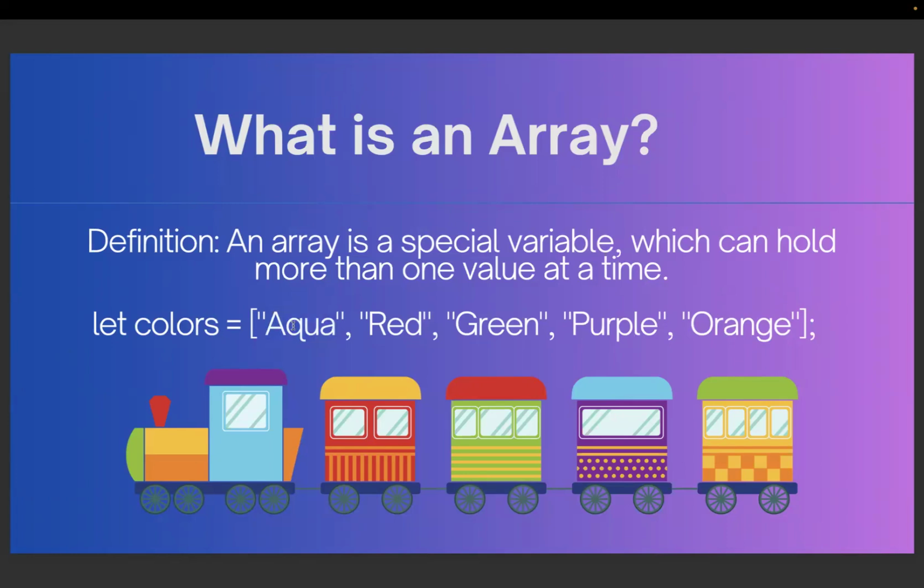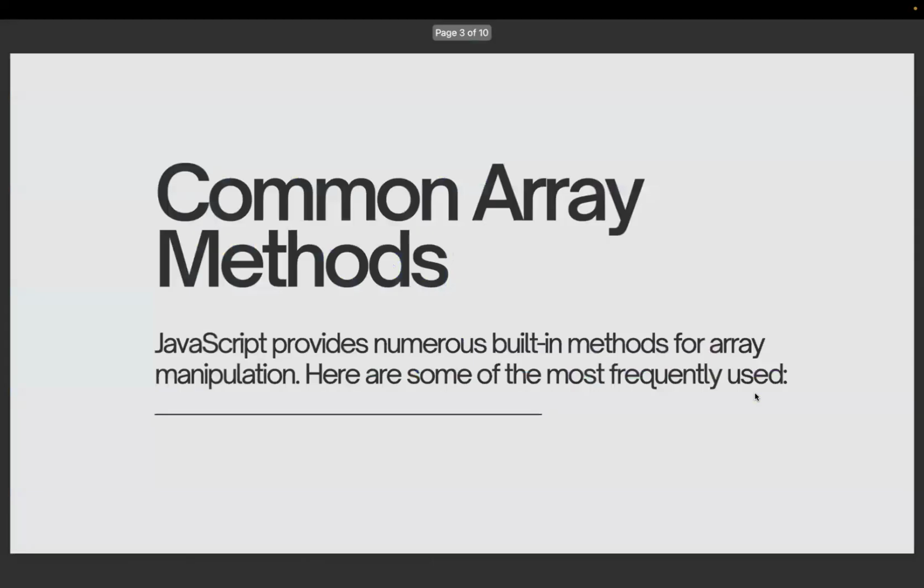From a programming perspective, JavaScript identifies them using indexes. So the first one is index 0, then 1, 2, 3, 4. Or we can also refer to length minus 1, which is the index of the last element of the array.